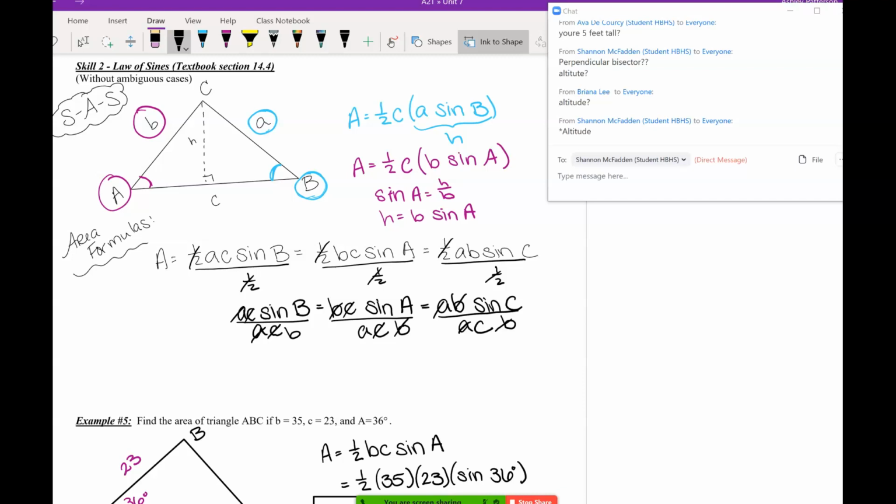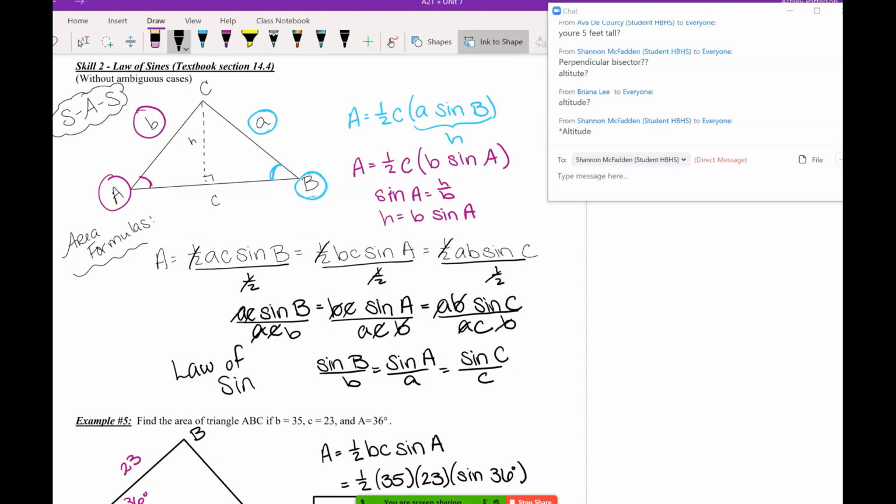So cleaning it up a little bit, we're left with the sine of angle B over little b, the corresponding side, equal to the sine of angle A over little a, equal to the sine of angle C over little c. Well, that's interesting. Guess what? This is your law of sines.